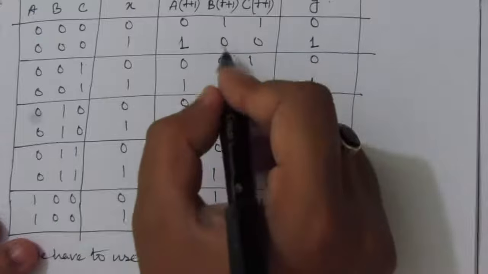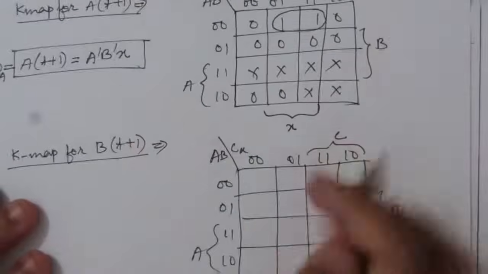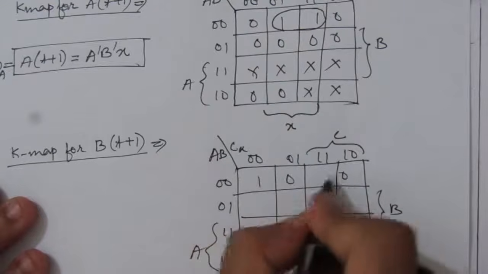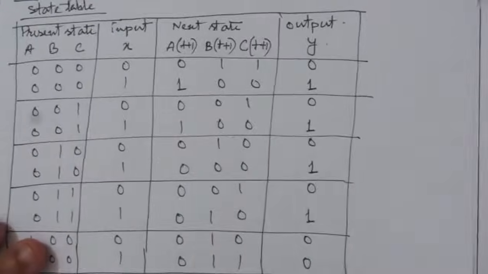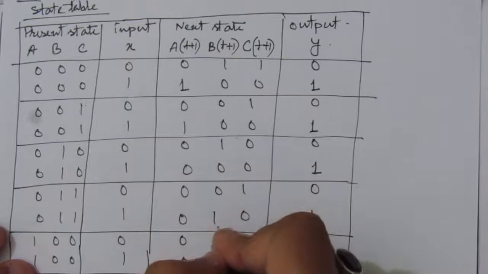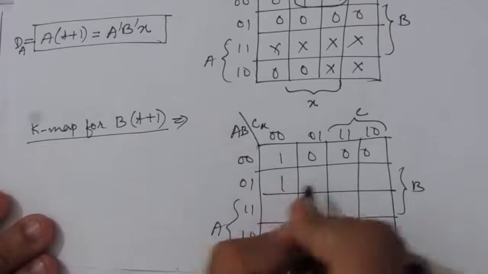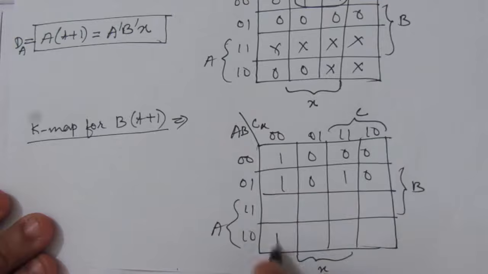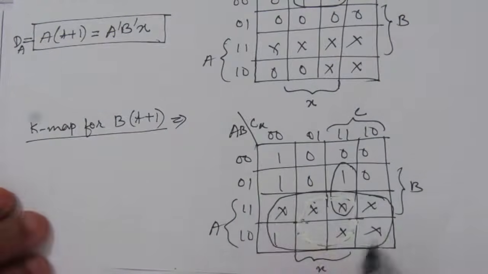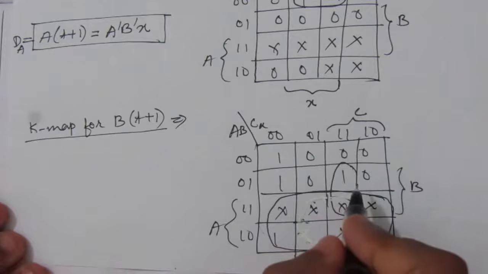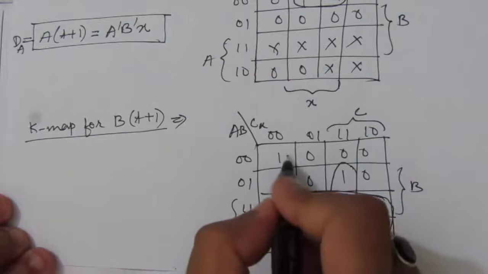So we'll have 1 0 0 0, then we have 1 0 0 1 1 1. All are don't care conditions. So this will be one term, this is the second term, and the third term will be this one.